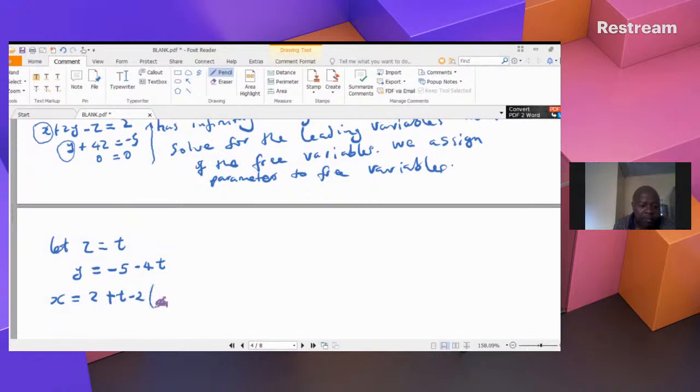But y is negative 5 minus 4t. So let's simplify this. What I see there is 2 plus t, and this plus 10, and this is plus 8t.